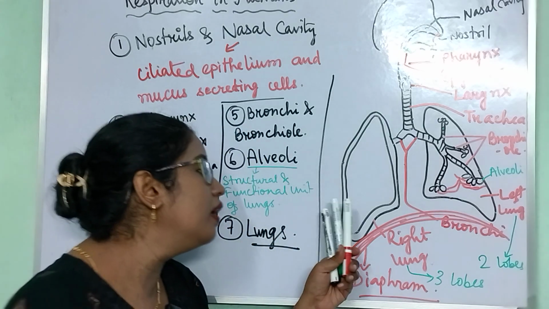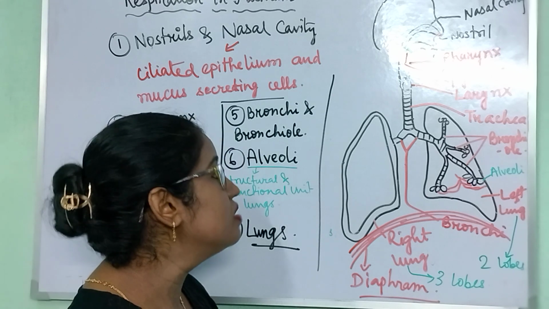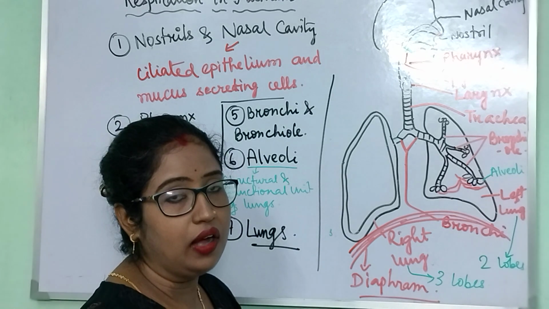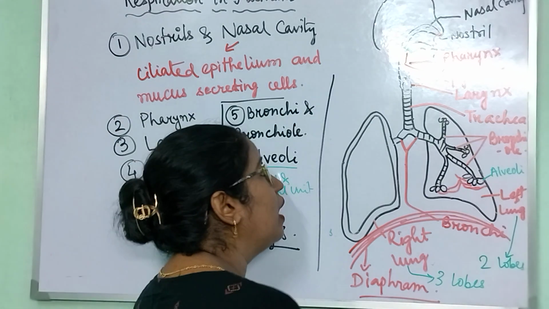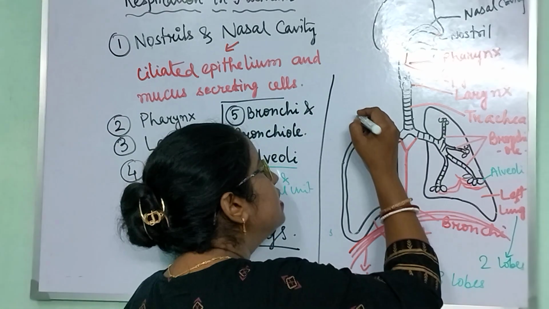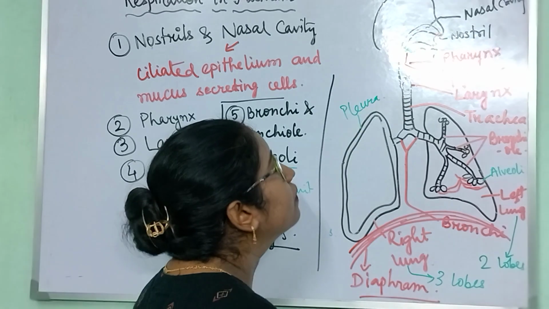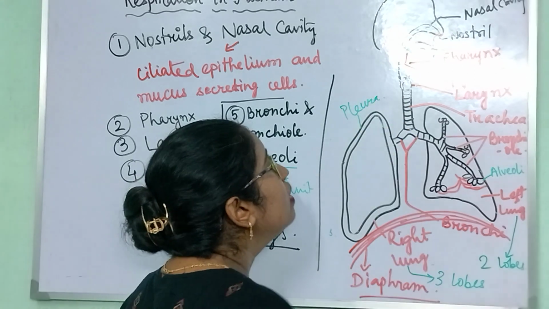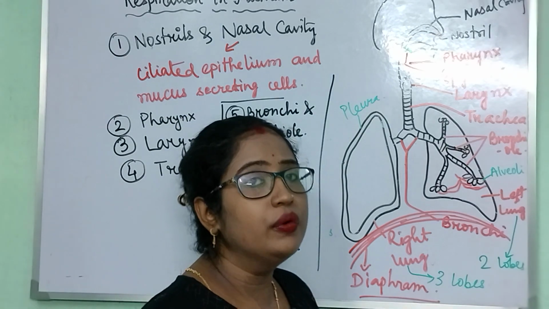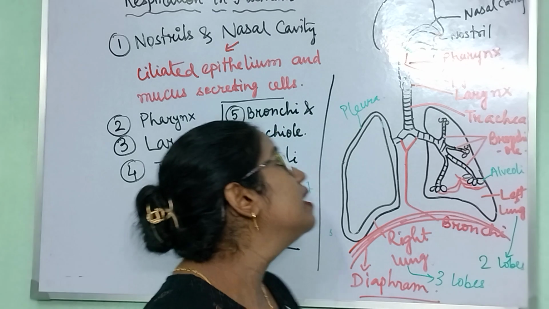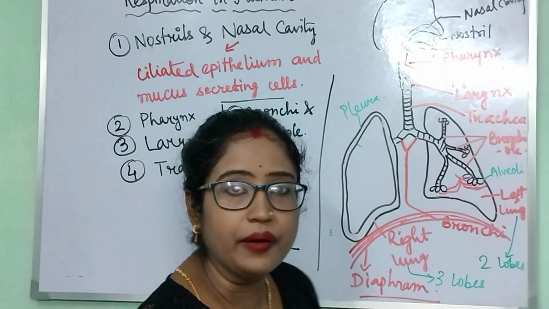If we study the lung structure, the lung has two outermost coverings known as pleura. There are two pleural layers in our lungs, the external pleura and the internal pleura.